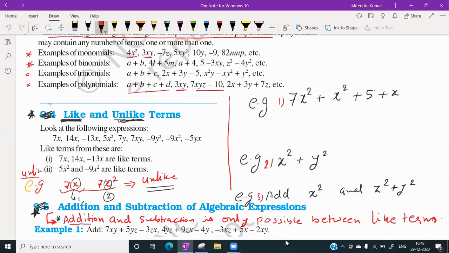ठीक है, ये मैंने लिखने का मतलब क्या हुआ? एडिशन एंड सब्ट्रैक्शन इज ओनली पॉसिबल बिटवीन लाइक टर्म्स. इसका मतलब क्या कि जो सिंप्लीफिकेशन है ना, वो सेम टर्म्स के बीच में ही हो सकते हैं या लाइक टर्म्स में ही हो सकते हैं.